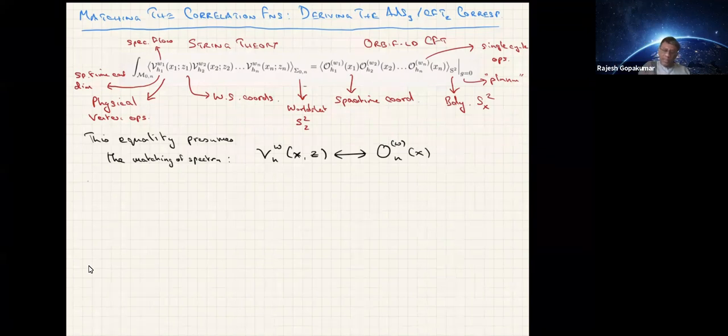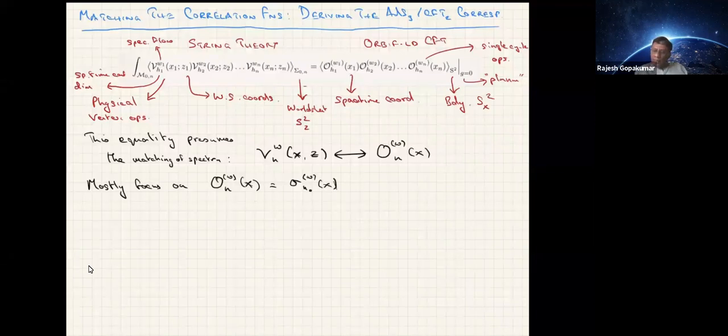So we'll mostly focus on the case where, from the point of view of the dual CFT, the operator is equal to what I'll call sigma W H naught. This is the ground state of the W twisted sector.